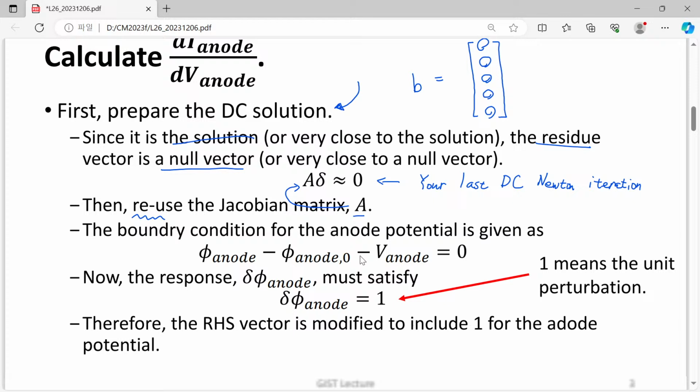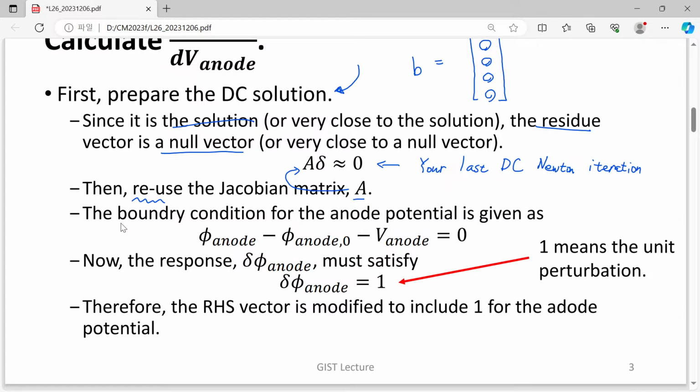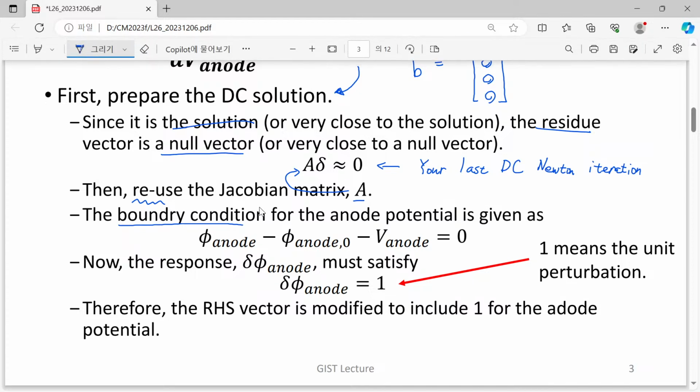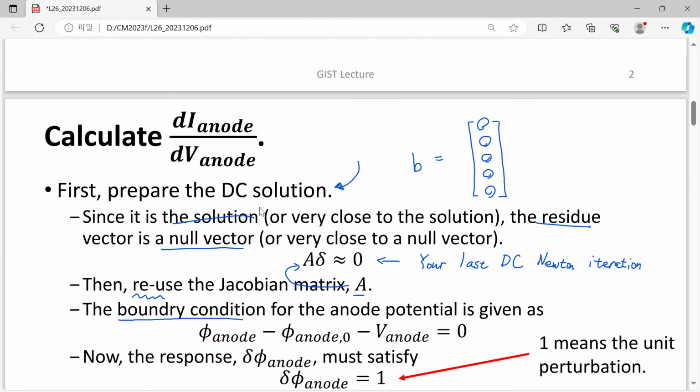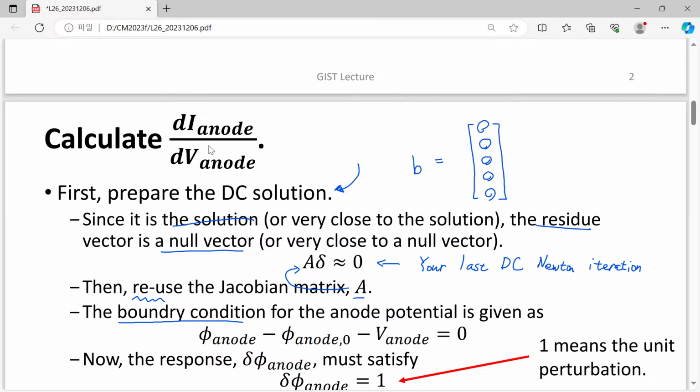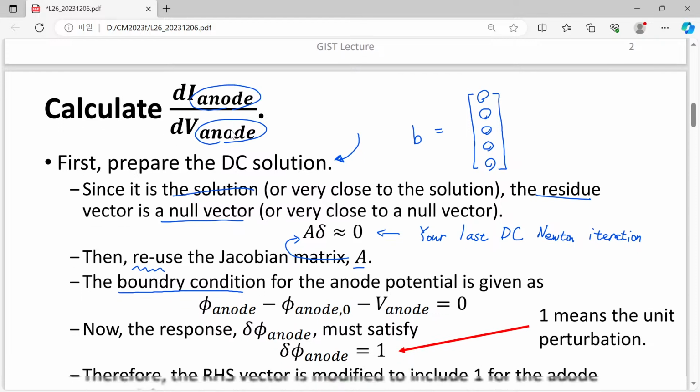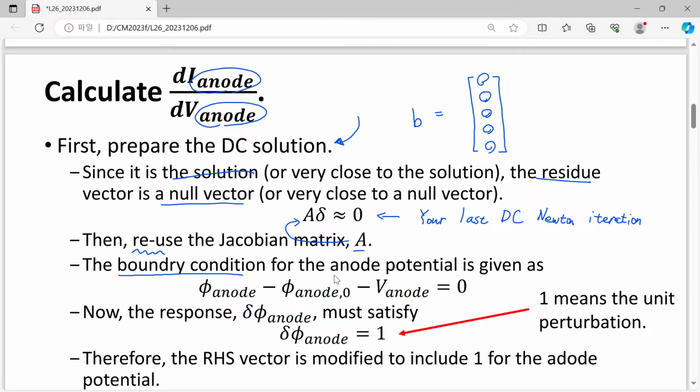But the point is, now you have changed your boundary condition. Since we are interested in dI over dV applied to the anode and observing the change of current at the anode, you have to change your anode potential boundary condition.